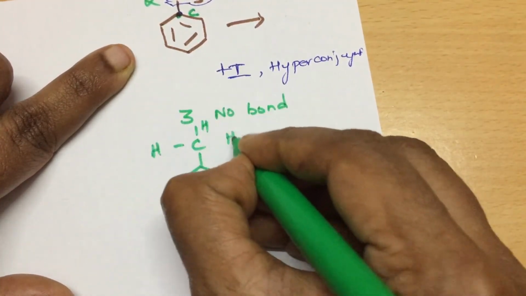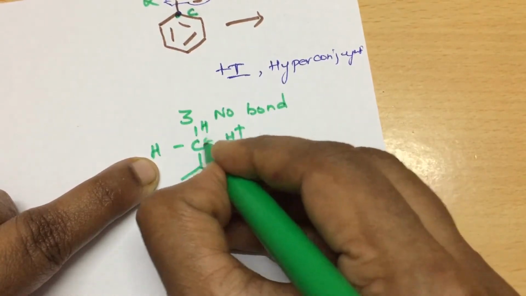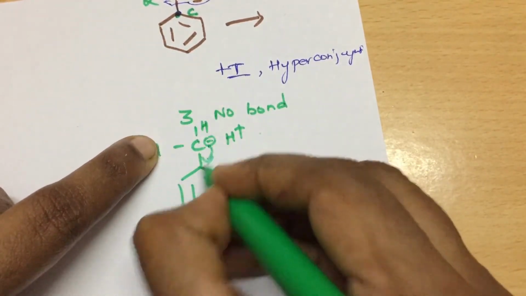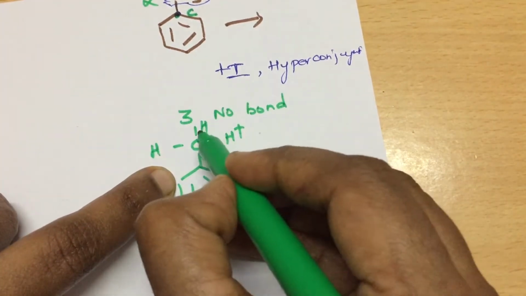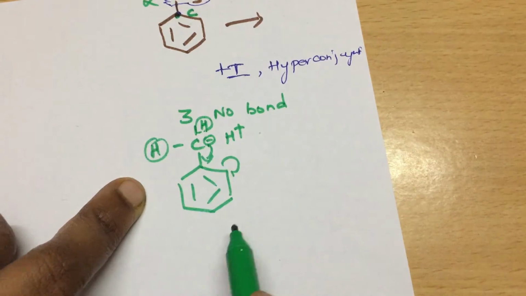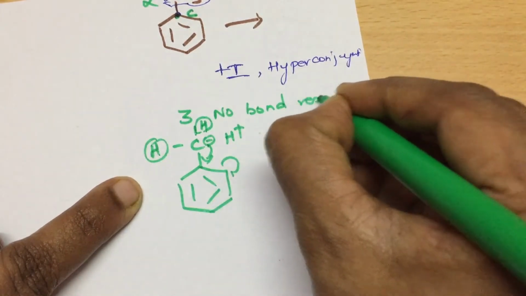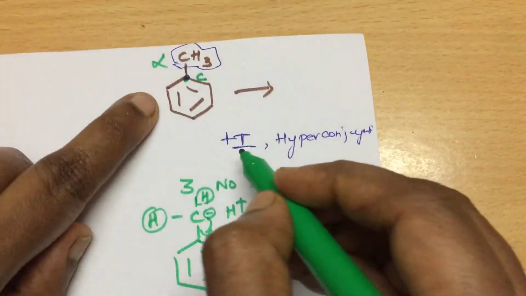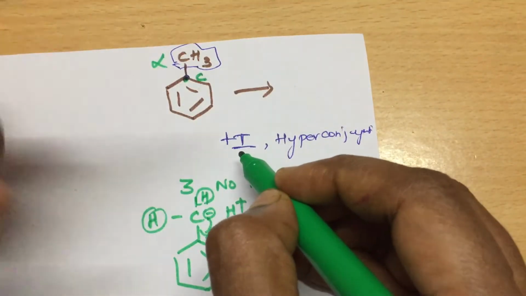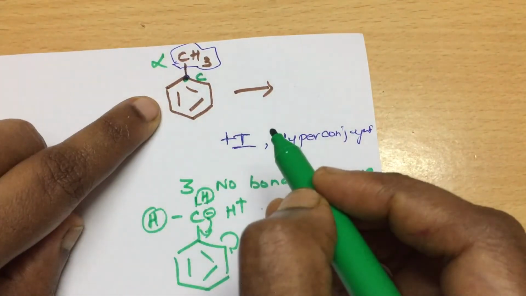Each hydrogen can dissociate like this, and the minus charge can undergo resonance. So it cannot participate like plus R or minus R, but it can give hyperconjugation. That makes it electron rich.